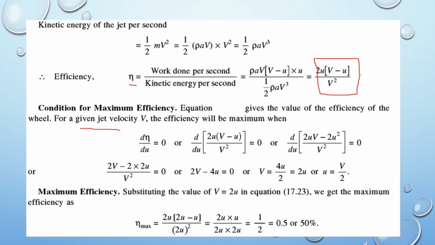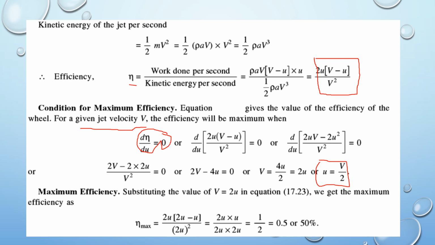So here, for the given jet velocity, the efficiency will be maximum when d eta by du is equal to 0. This is the condition for maximum efficiency. We all know the condition for maximum. So when we differentiate it with respect to u and equate it to 0, we finally get the expression u is equal to v by 2.